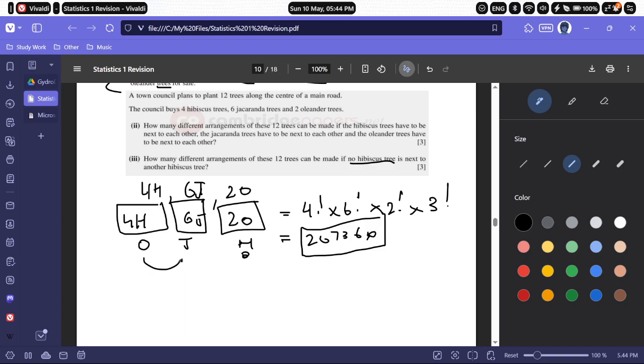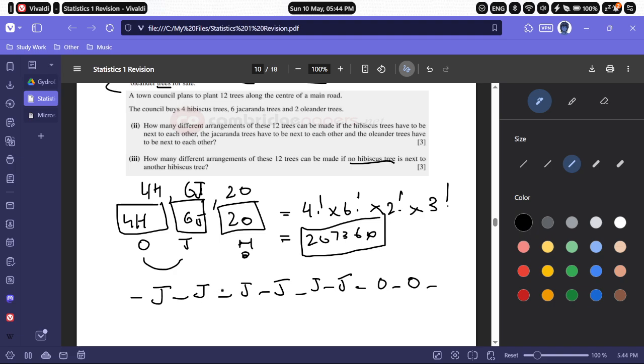So all the hibiscus trees would be between O and J, right? So you would have gaps between the O and J tree types, and that's where the hibiscus trees can be. So start by just making a diagram. So 6 J's, 4, 5, 6, and then you have 2 O's, right? Again, this isn't any specific order because you will be arranging these as well. So start by doing that.